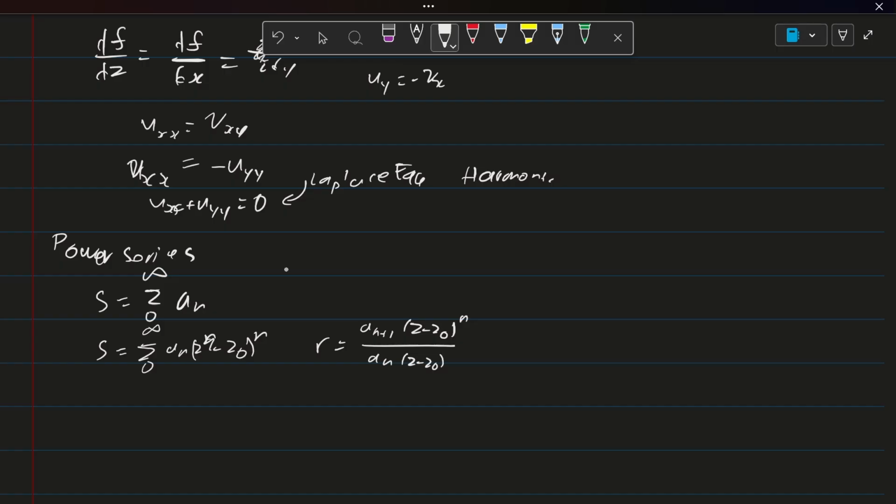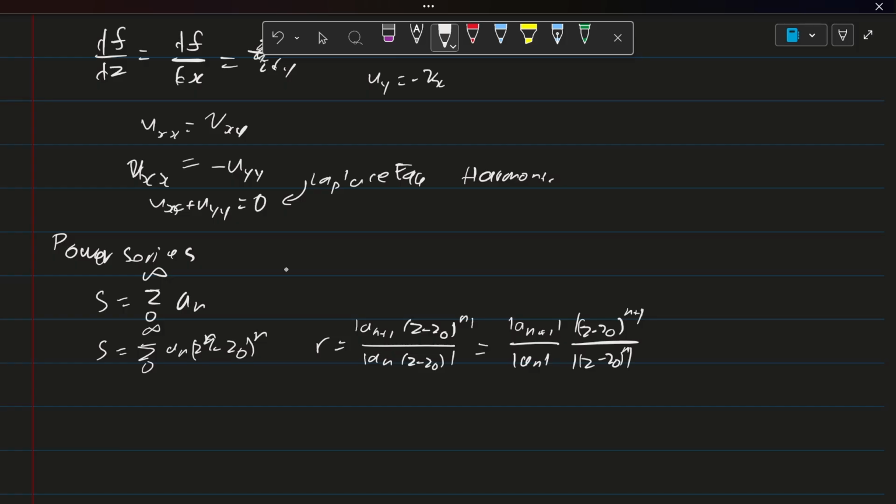Sorry, this is technically absolutely convergent, so we just take the absolute value of this. This is the same thing as the absolute value of an plus 1 over the absolute value of an, times the absolute value of z minus z0.